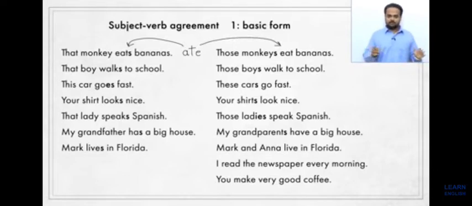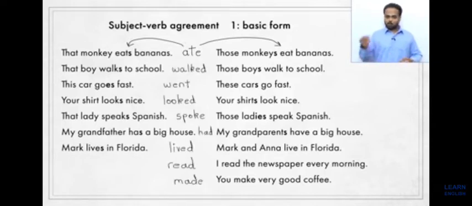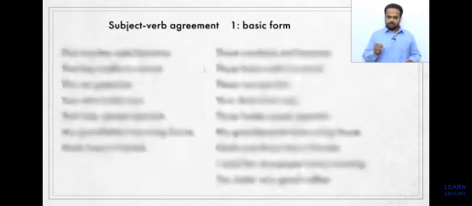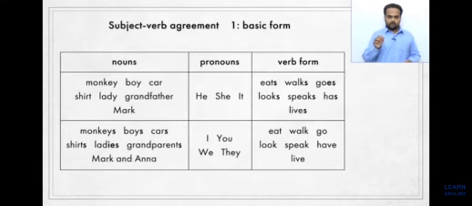It's the same for both singular and plural subjects. Similarly, that boy walked to school, those boys walked to school. In the other sentences, we would say went, looked, spoke, had, lived, and made. So remember that the basic subject-verb agreement rule only applies in the present tense.